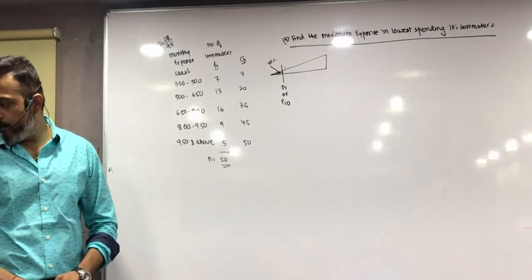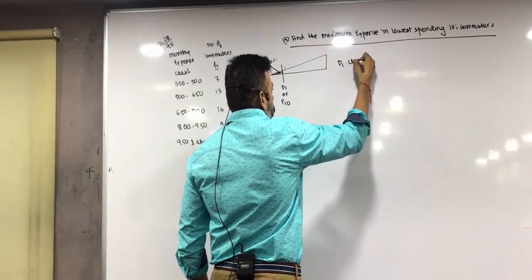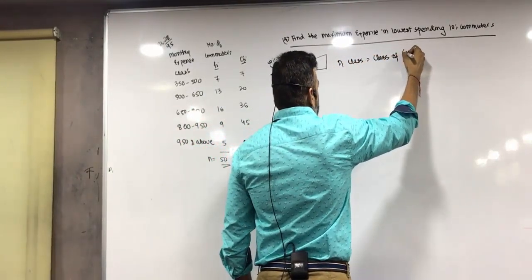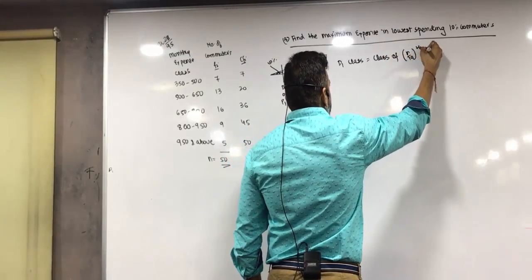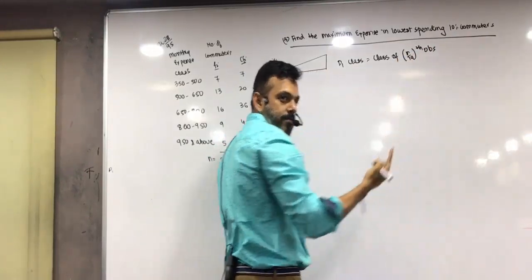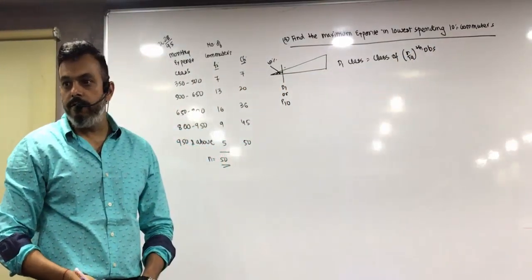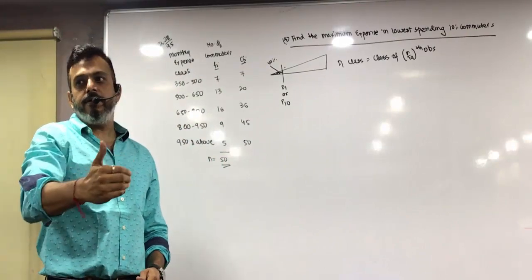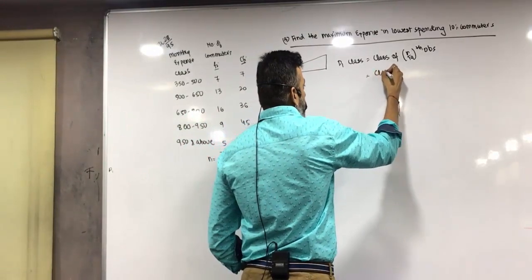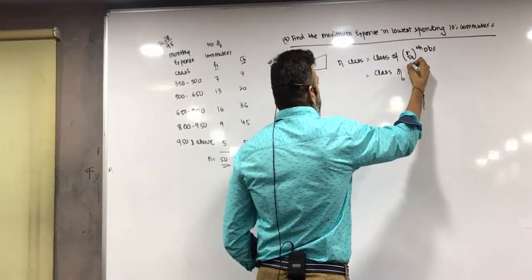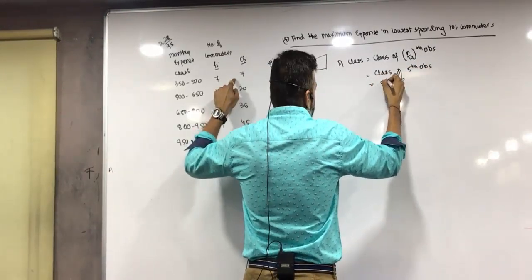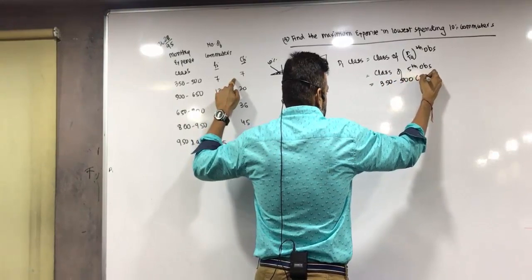Okay, let's find out. D1 class is equal to class of n by 10th observation. Now you are able to understand this, total number divided by 10, so that is 10%. Into 10 by 100, which is 1 by 10. So it is class of the 5th observation, which is equal to 350 to 500, exclusive.